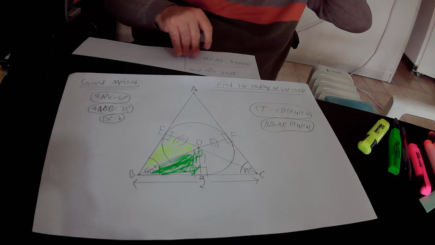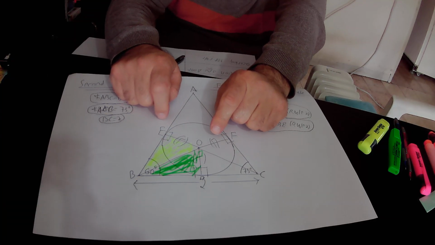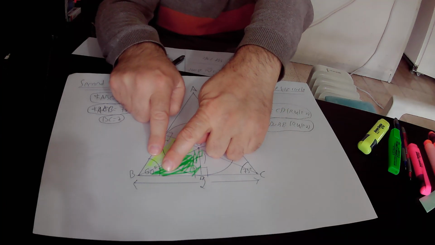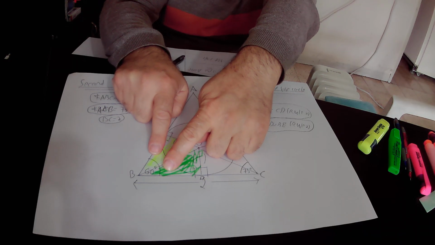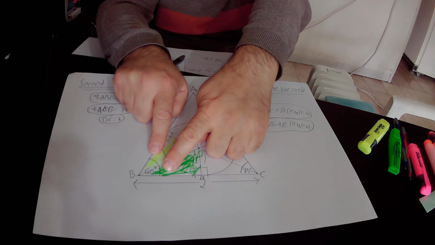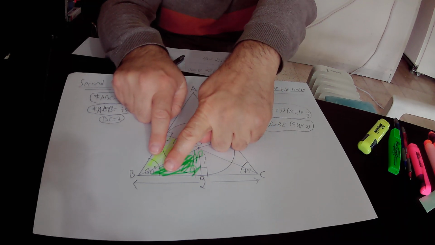From the fact that those two right triangles are congruent, we derive that those two angles must also be equal to each other, according to the rule that corresponding angles in congruent triangles are equal.